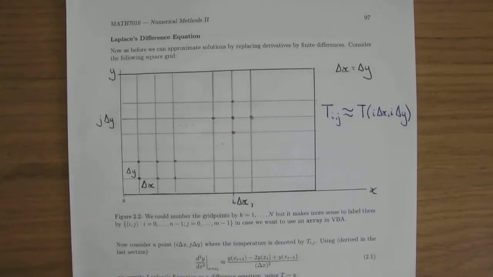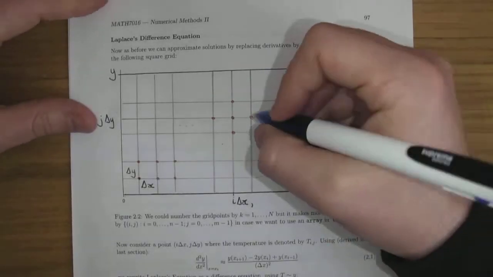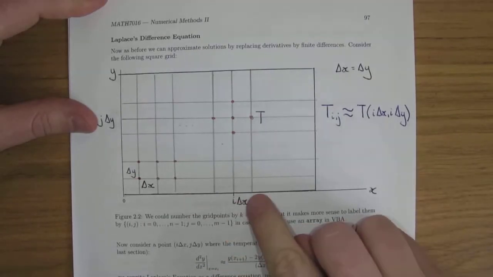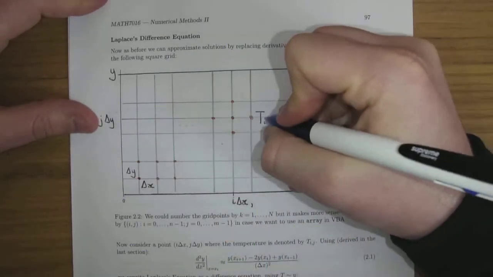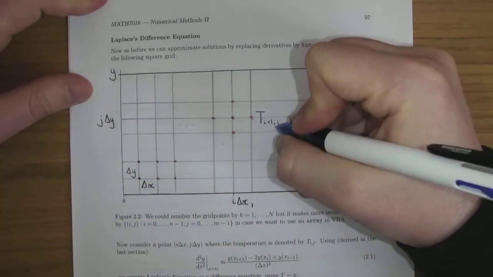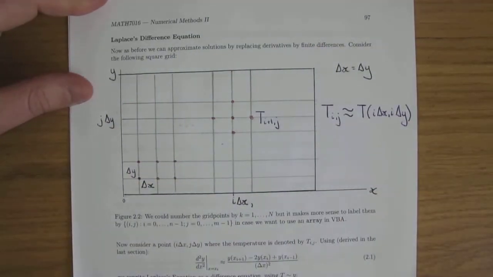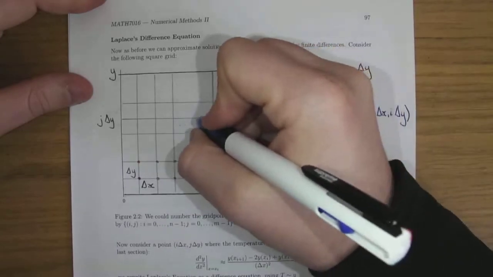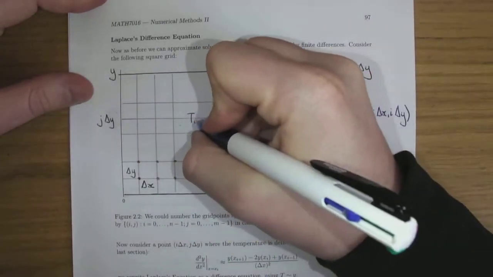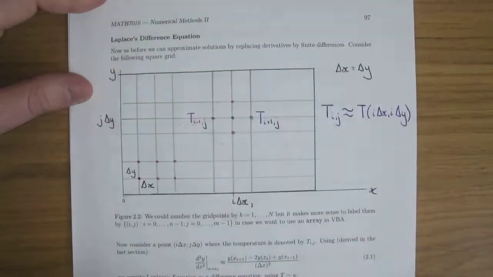Okay, so now let's write down a few more things. This point, in the same notation, is i plus 1 along the x, the same y coordinate, so it'll be T i plus 1, j. This one over here is minus 1 along the x, it's 1 beforehand, but same height.